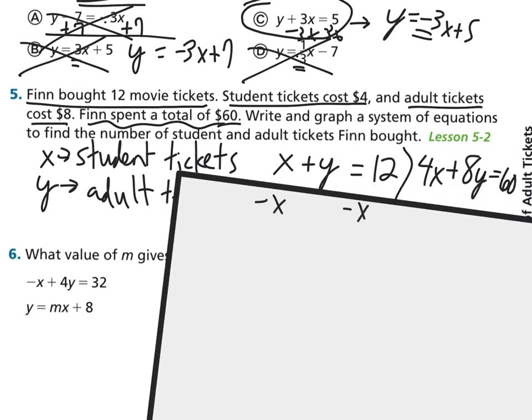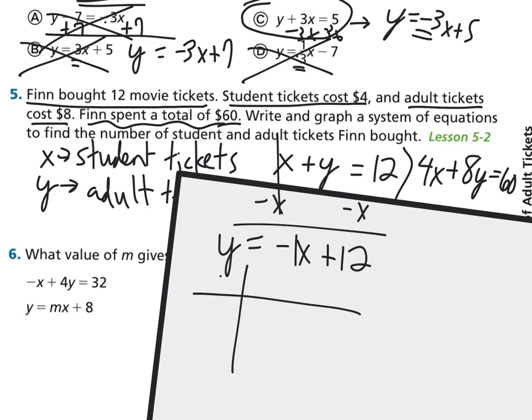So the first one, if you subtract X, that'd be negative X plus 12, or negative 1X plus 12. If you put a 0 in, that would be 12.